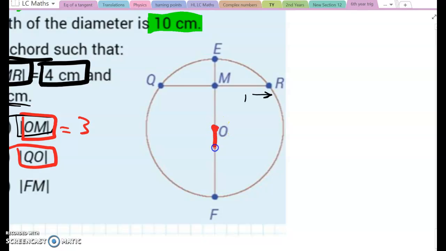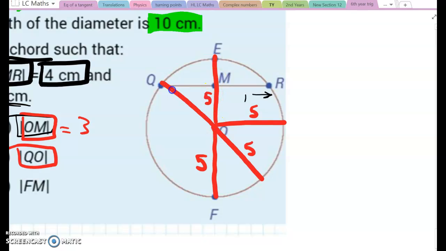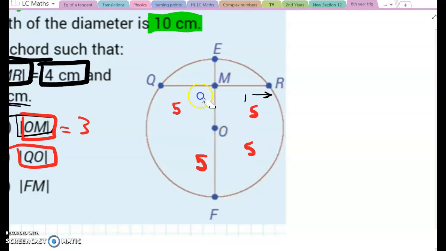From here to here is 5, the same way as from here to here would be 5. From here to here would be 5, or as we already established, from here to here is 5. So QO is simply just another radius. It's also 5. It goes from the center of the circle out to the edge of the circle. So it's a radius. It's 5.